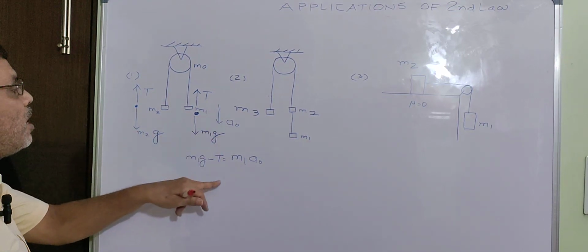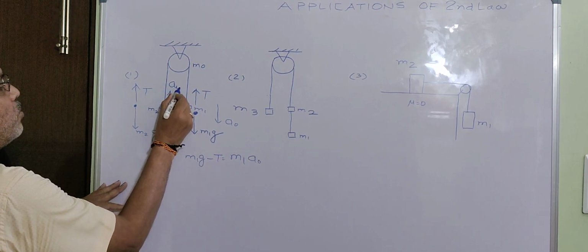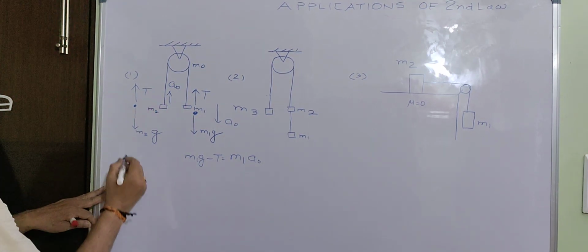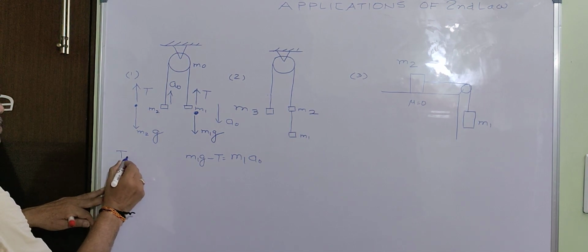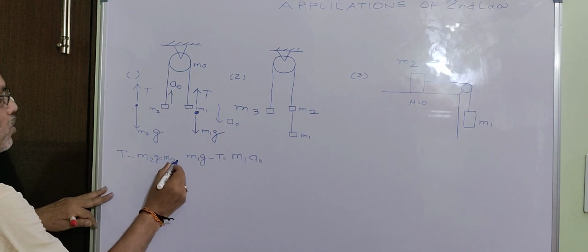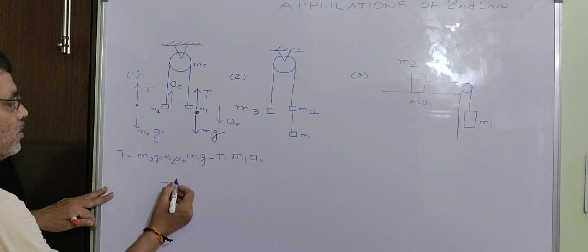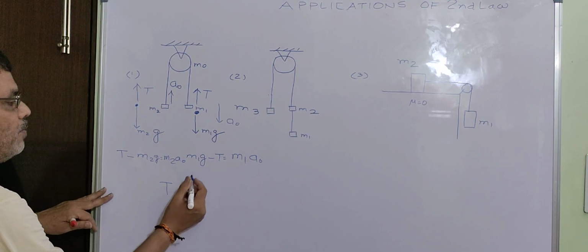Similarly, if it comes down, then this block will go up with acceleration A0. I can say in the second block, T minus M2G is M2A0. So when you add these two, you will observe T will get cancelled.